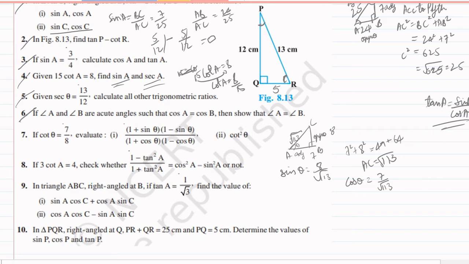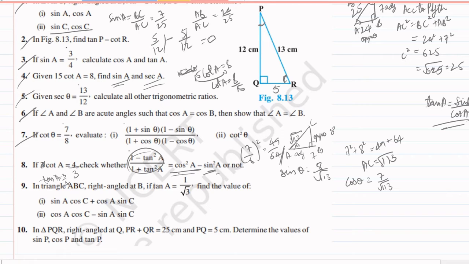So just do this, and cot square theta is 7 by 8 whole square, 49 divided by 64. So the 7th question is done. 8th question, take the 3 here and find the cot. Cot is nothing but the inverse of tan. So our tan A is 3 by 4. Just put in this value and find the cos value and sine value and check whether the condition is equal or not.